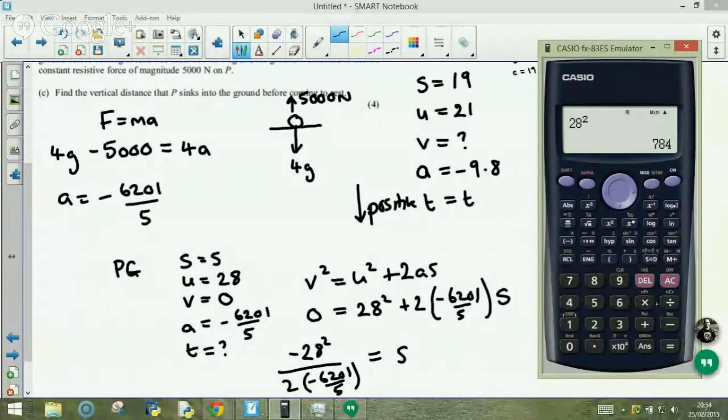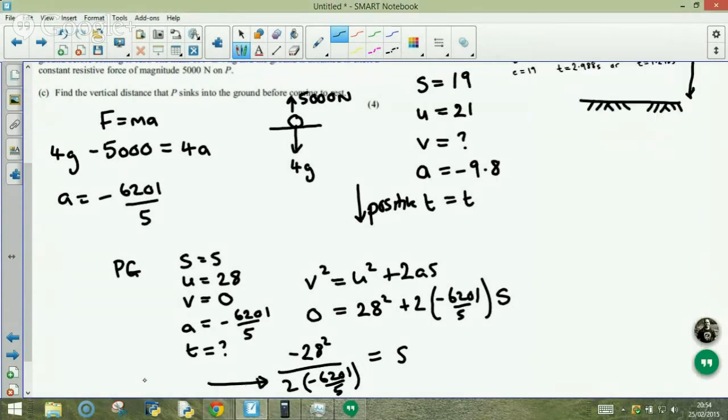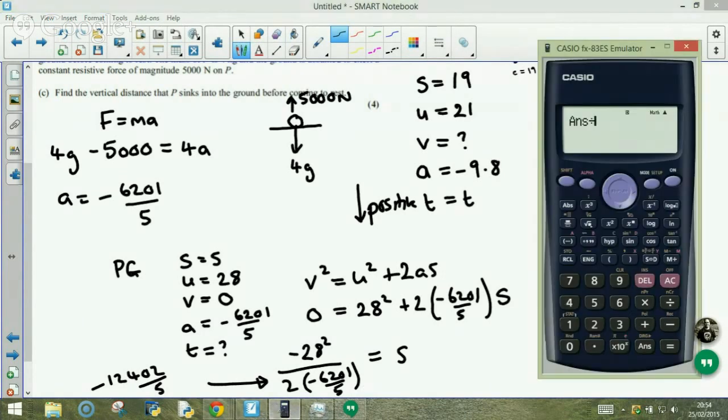So that's minus 784, and I'm going to divide that by, I'd probably do 12402 over 5. And remember to make sure it's a negative.